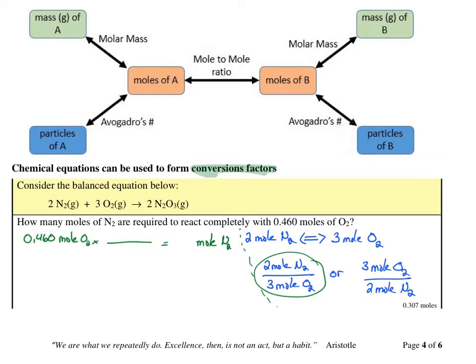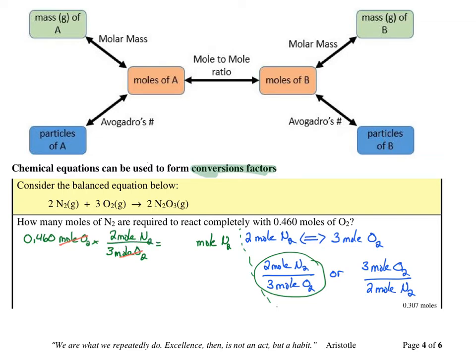Our conversion factor tells us that reacting 3 moles of O2 is equivalent to reacting 2 moles of N2. So when we look at our units, we see our units of moles of O2 cancel out. So the units that survive in our answer are moles of N2.